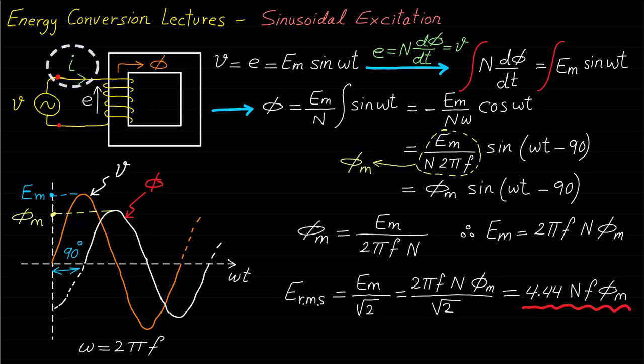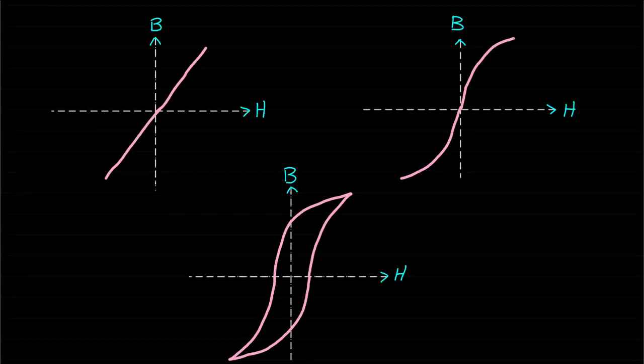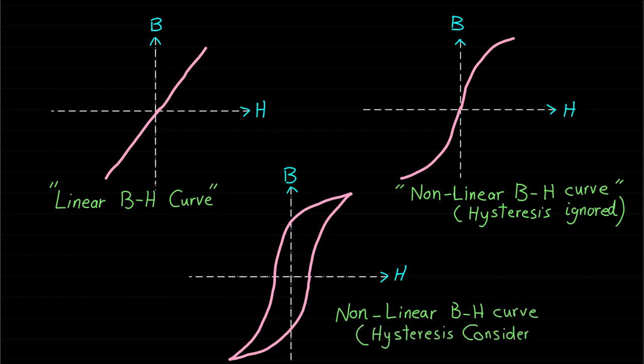To do that, a graphical method will be used. 3 cases will be covered based on different BH curves. The first case is linear BH curve. The second case is nonlinear BH curve with hysteresis ignored. And the last case is nonlinear BH curve with the consideration of the hysteresis loss.